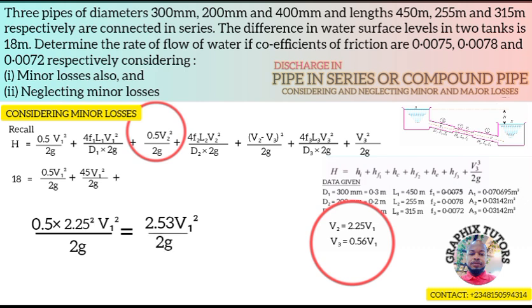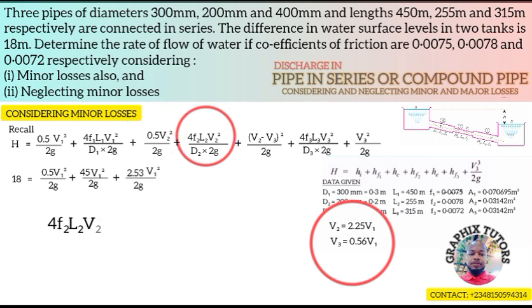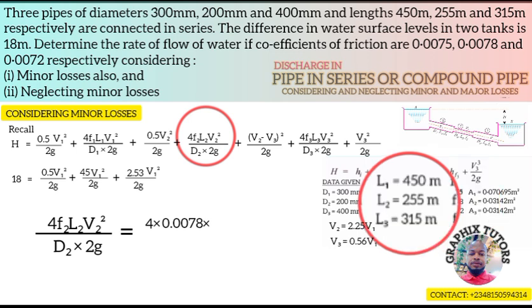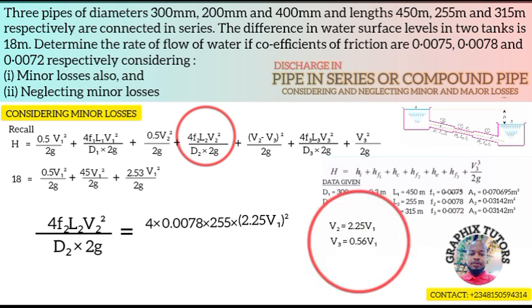Then you add it to that one again. So we'll move to the next one on the list, which is 4f2 l2 v2 square all over d2 times 2g. If you start inputting the values that we have here, we are going to have 4 times 0.0078 times 255, into bracket, my v2 square will be represented by 2.25 v1 all square, all divided by 0.2 times 2g.